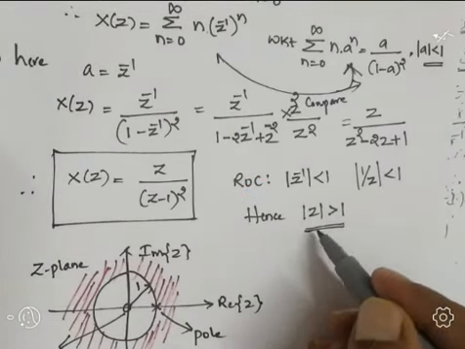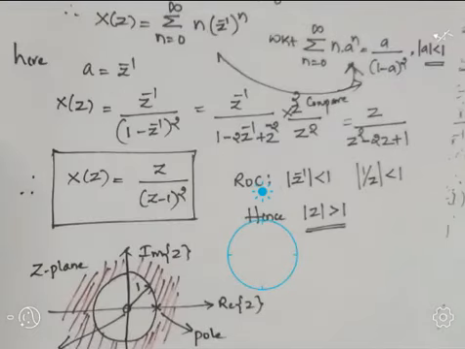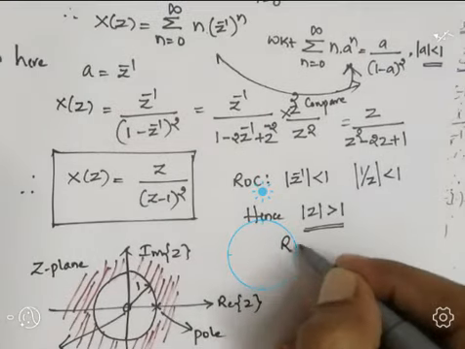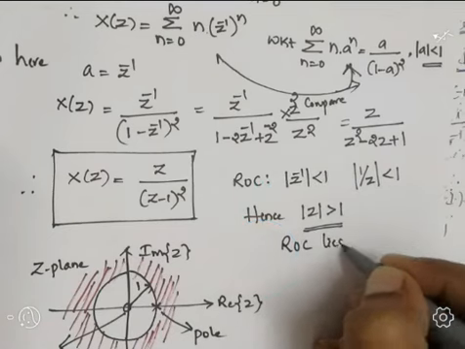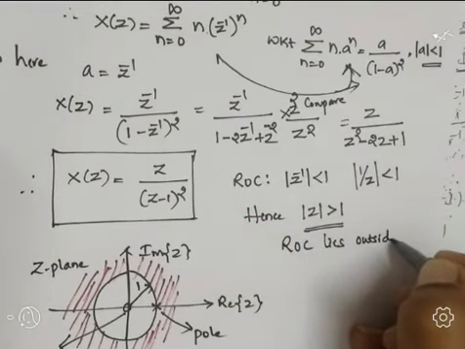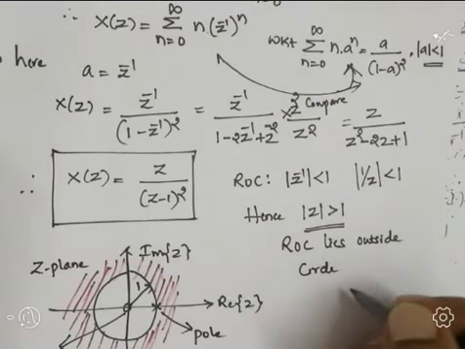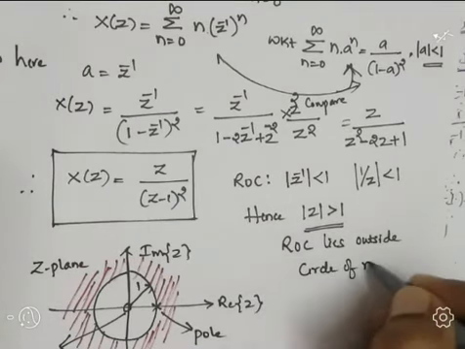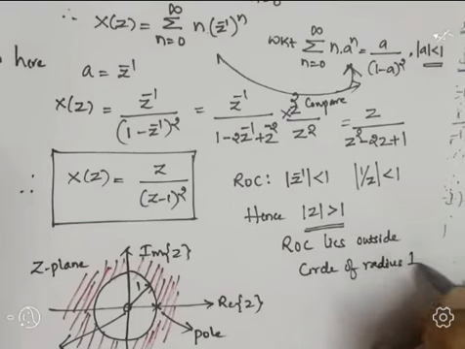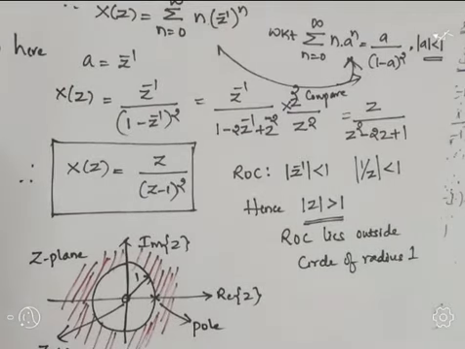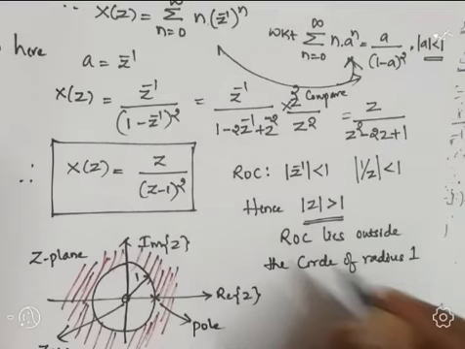This indicates that the ROC lies outside the circle of radius 1.